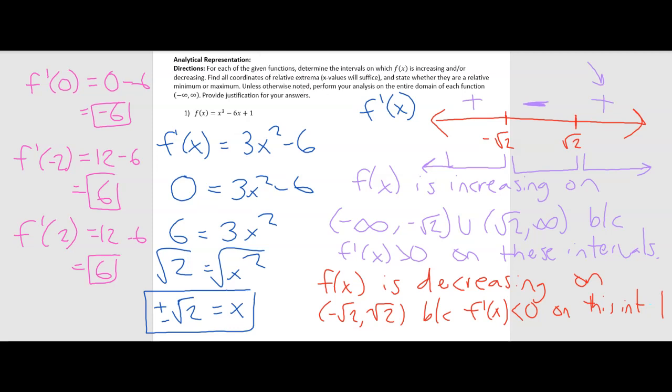Let's try that one more time. It's a little better. Interval. Okay, so we've listed the intervals where f of x is increasing or decreasing. Now we need to figure out whether negative root 2 is a relative minimum, whether it's a relative maximum, or whether it's neither. So I'm going to get rid of some of my other work here.